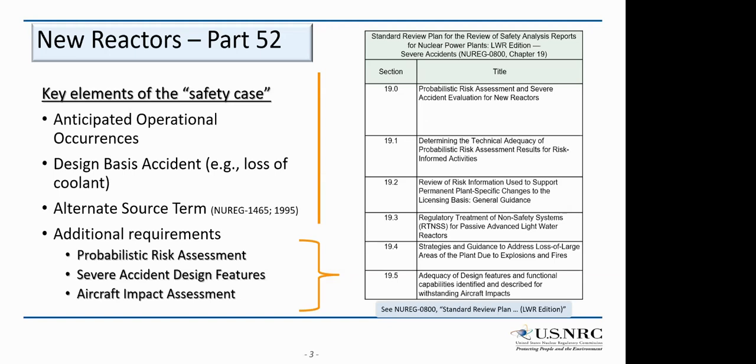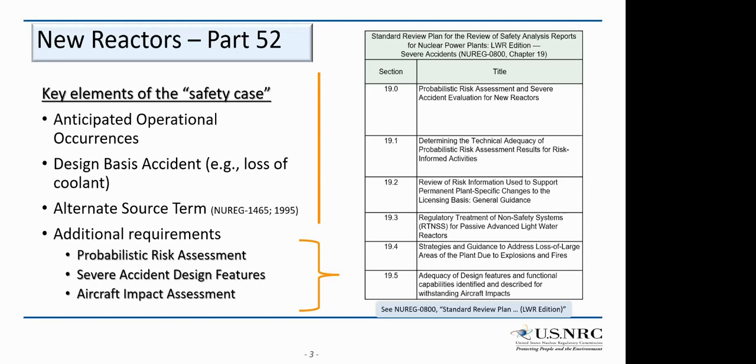And so in the end, Part 52 plants will look a lot like Part 50 in terms of the safety analysis, still have anticipated operational occurrences, very similar design basis accidents. There was progress made over the years. So instead of the TID document, maybe alternate source terms, a little less conservative, would have been used in the siting analysis.